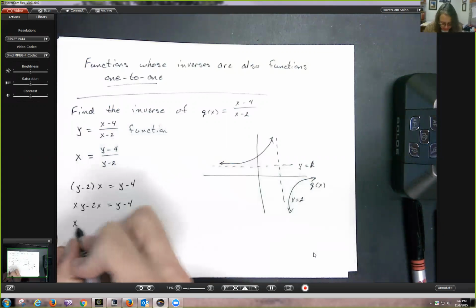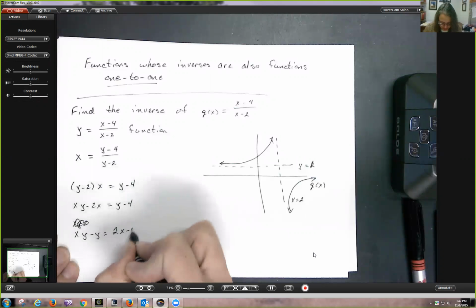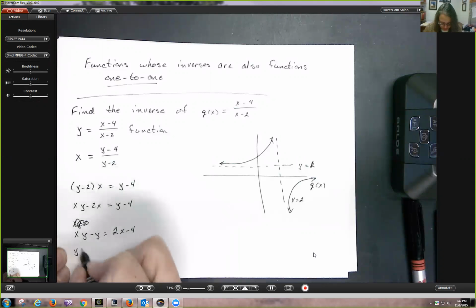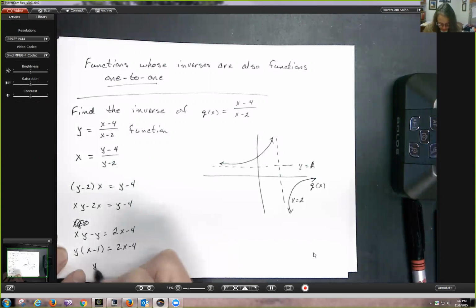So I end up with x times y minus y equals 2x minus 4. Factor out the y on the left. And we end up with y equals 2x minus 4 over x minus 1.